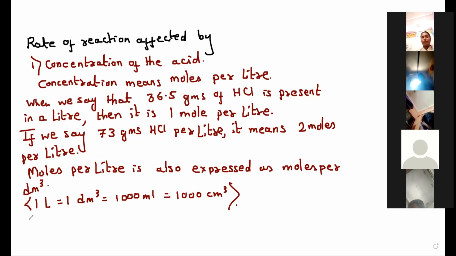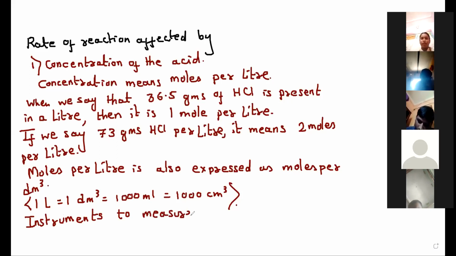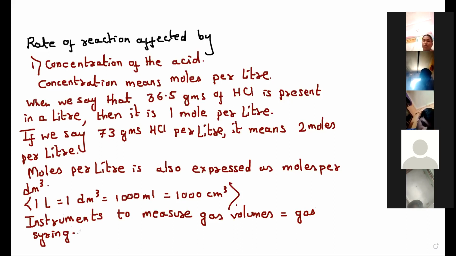So, the instrument to measure gas volumes is the gas syringe. Do not use any other instrument. Whenever you want to measure the gas volume, always use a gas syringe. Got it?